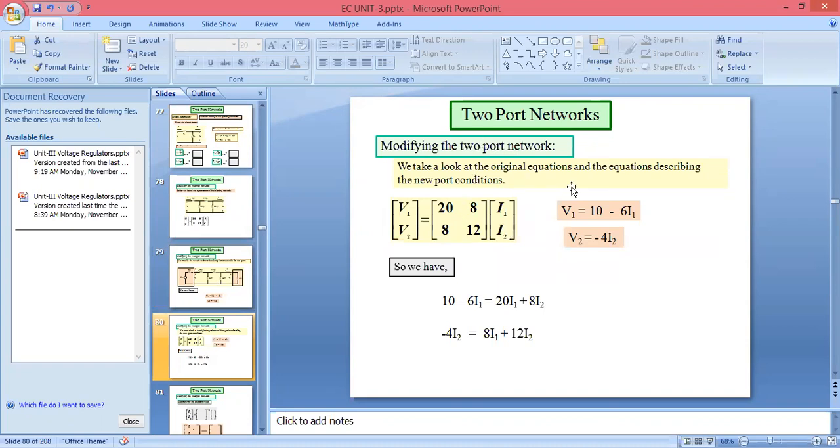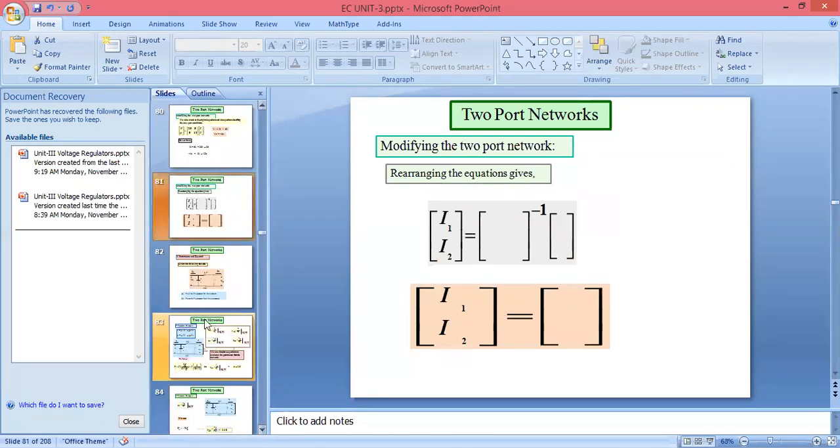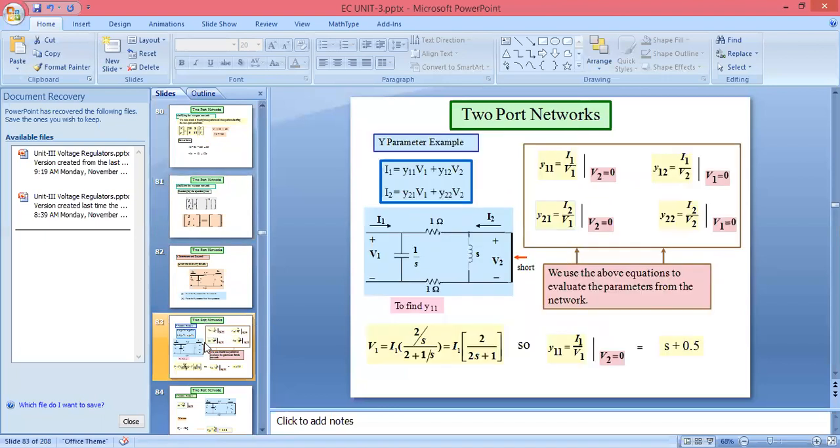We can write these equations in the form of a matrix and you will get the values for the currents I1 and I2. You will get the equations for V1 and V2. You can rearrange that equation and you will get the equations for I1 and I2.